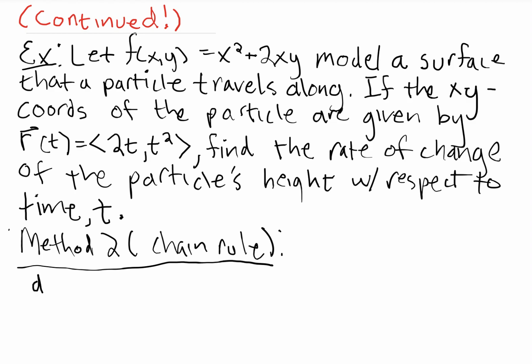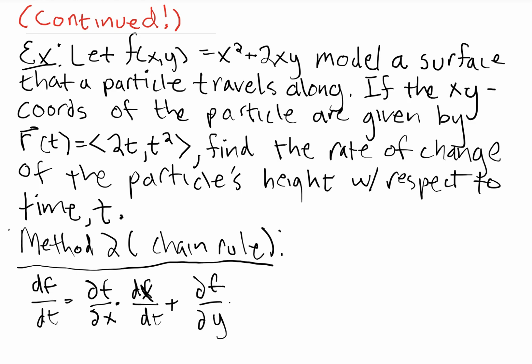We needed that my df dt was going to be given by a partial of f with respect to x times dx dt plus a partial of f with respect to y times dy dt.